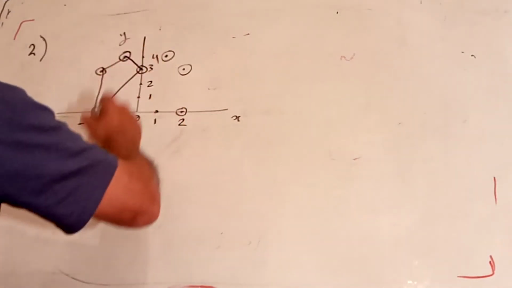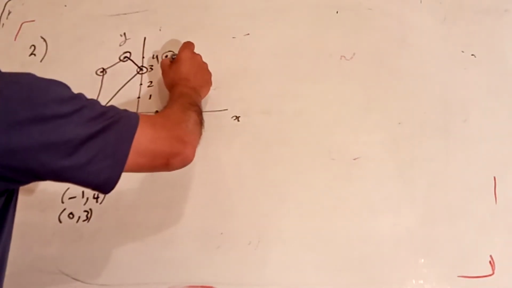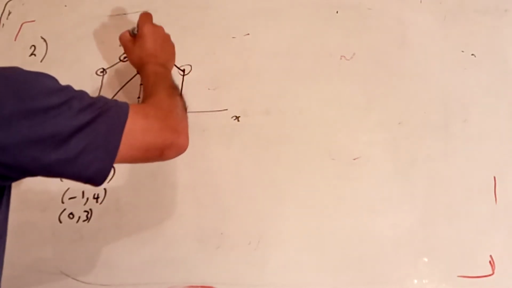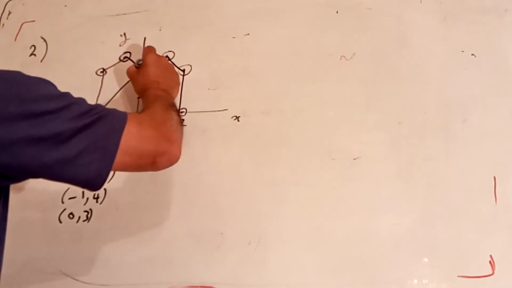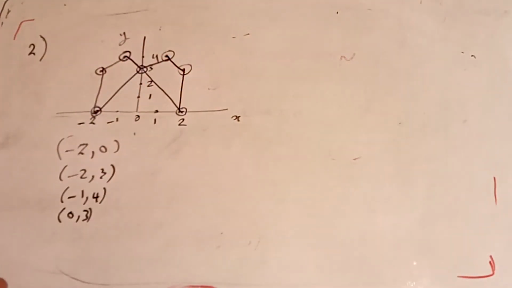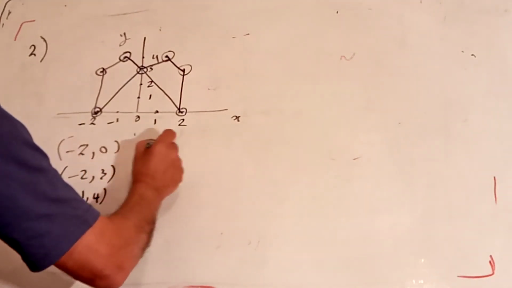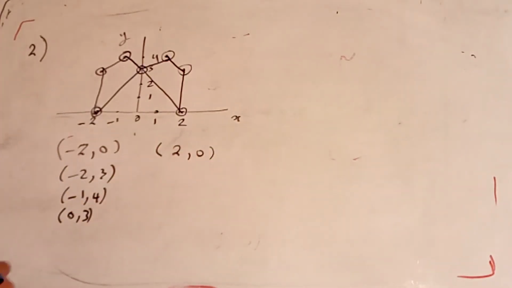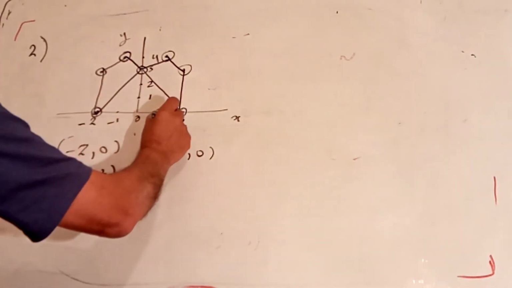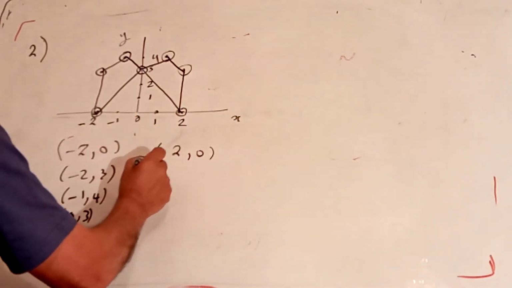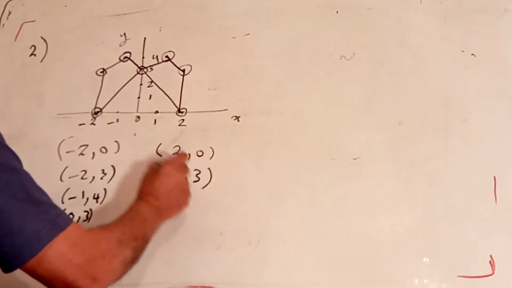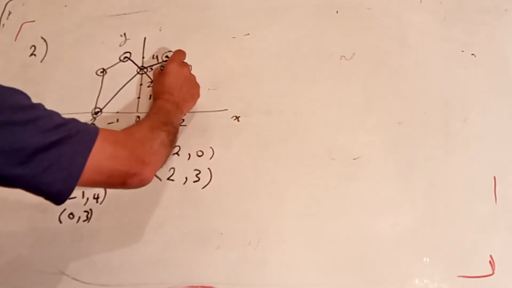We have 4 points, that's all. So let's connect them. It will be like this, like this, and then like this. So this is the reflection. When we reflected this point, it was reflected as 2 and 0, with x equal to 2 and y equal to 0. Minus 2 changes to 2, so 2 and 3, this point here.